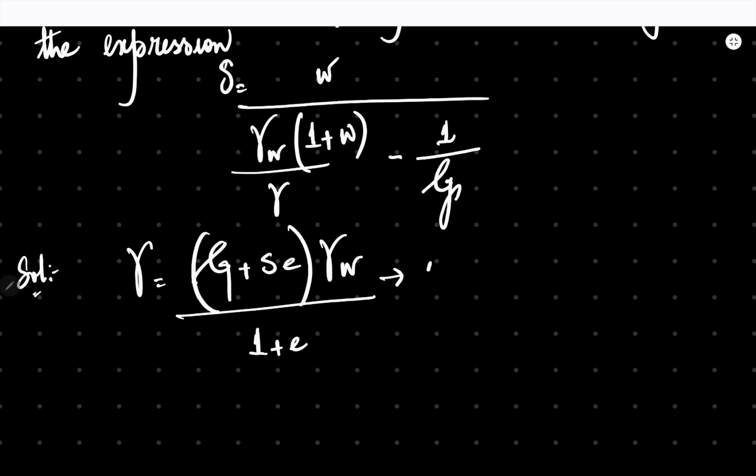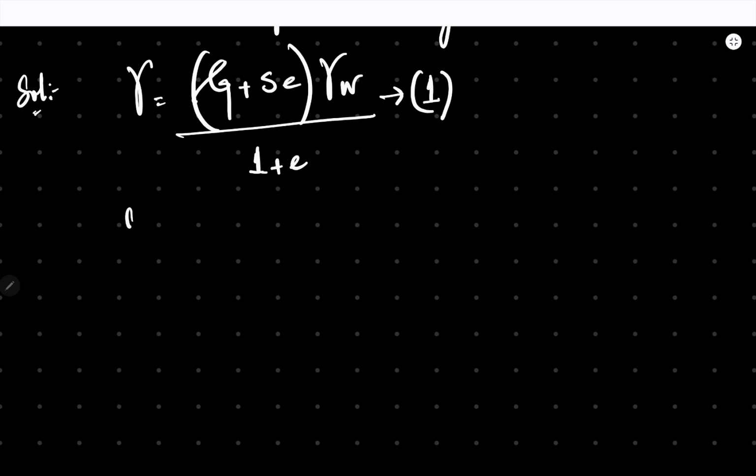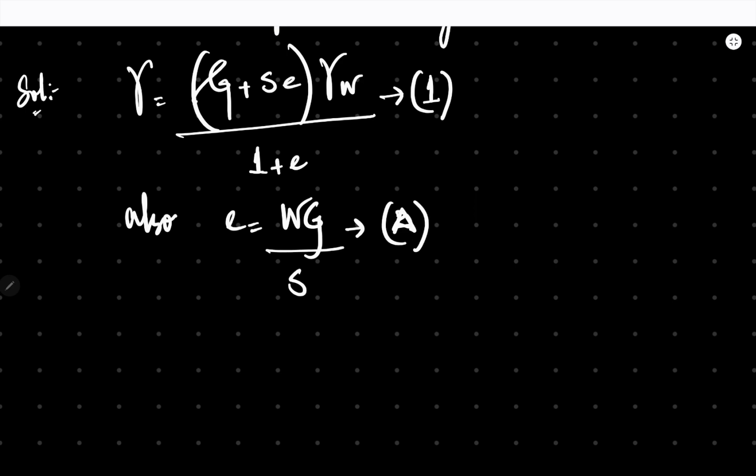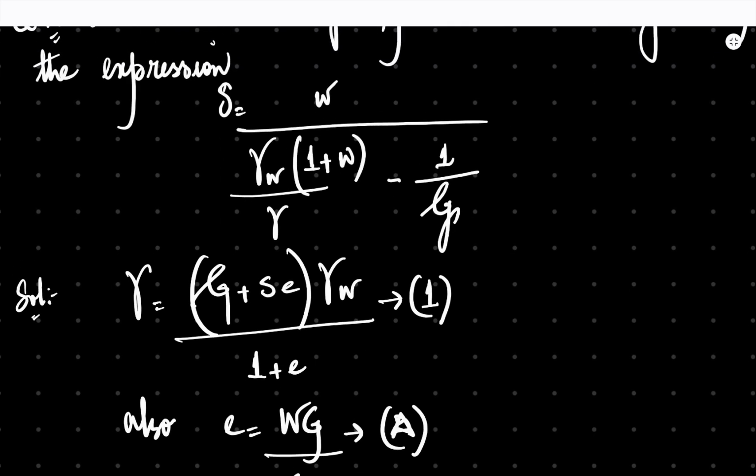Let me name this equation 1. Also as per the generalized equation, E is Wg by S. Let me name it equation A. We'll substitute the value of equation A in equation 1 and then we'll have our expression.